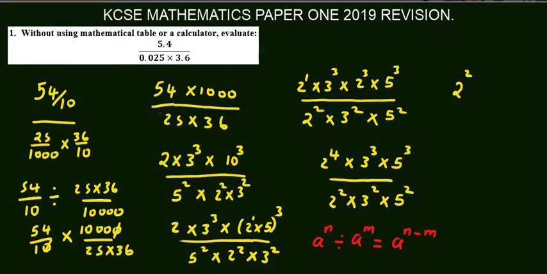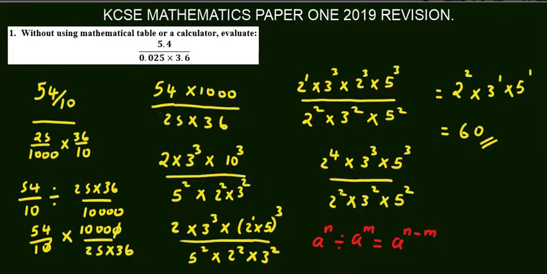And then 3 power 3 divided by 3 power 2 gives 3 power 1, that is 3 minus 2. And then finally 5 power 3 divided by 5 power 2 gives 5 power 1. So that is our result, which will simplify further to 4 by 3 by 5, that is 60.